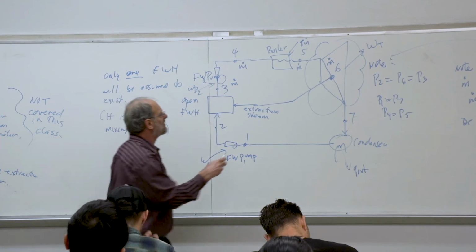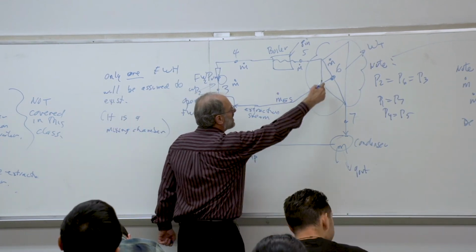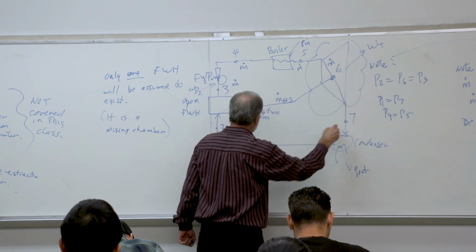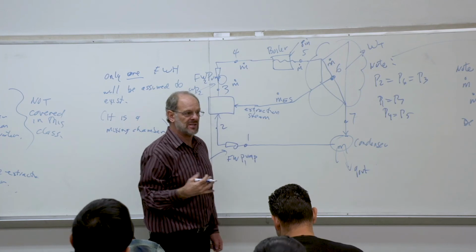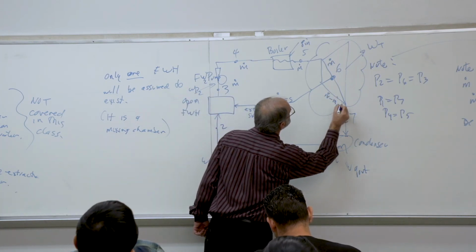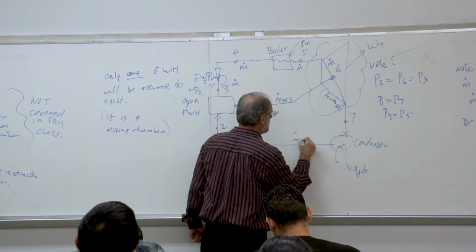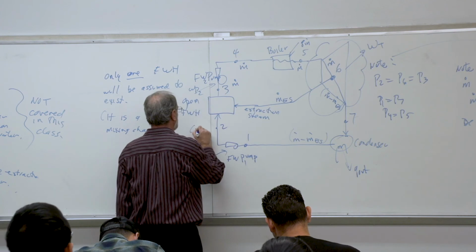But now we're drawing off the extraction steam. So what remains from point 6 to 7 to 1 all the way back to 2 is just that fraction. So we have m dot minus m dot extraction steam. Okay, it's the same throughout all the way until we get to point 2.